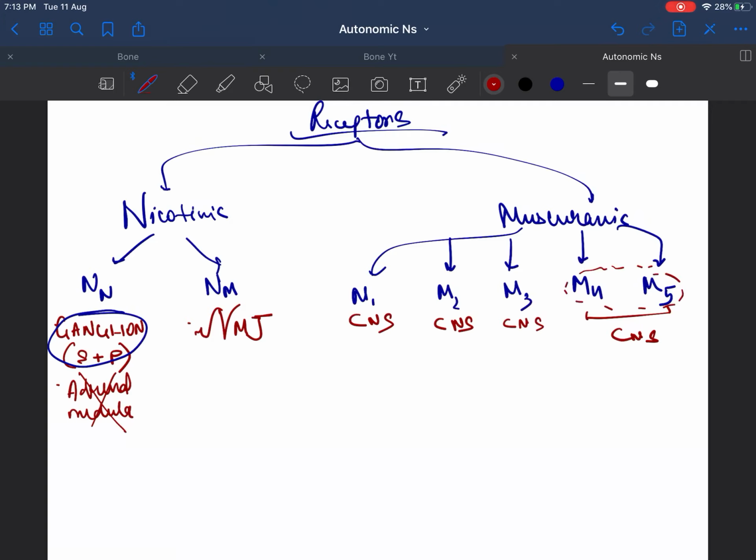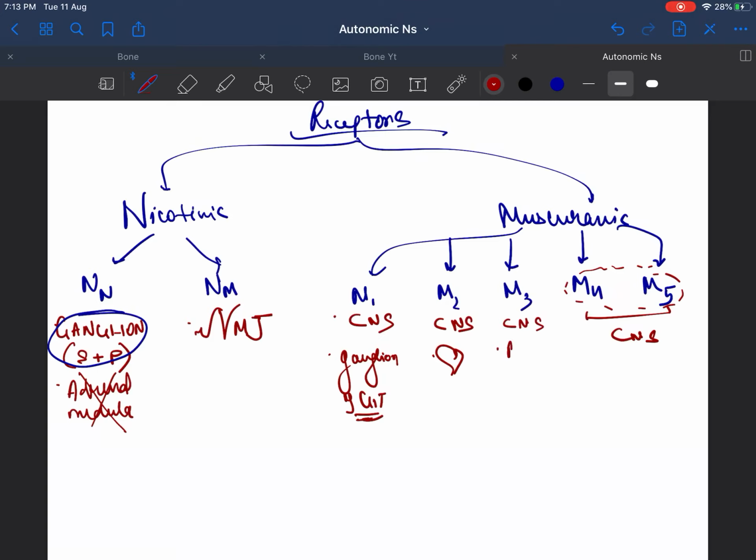Now where are M1 receptors predominantly present? They are present in the ganglion of stomach, the ganglion of GIT. The M2 receptors are present in the heart, and the M3 receptors are present everywhere else.